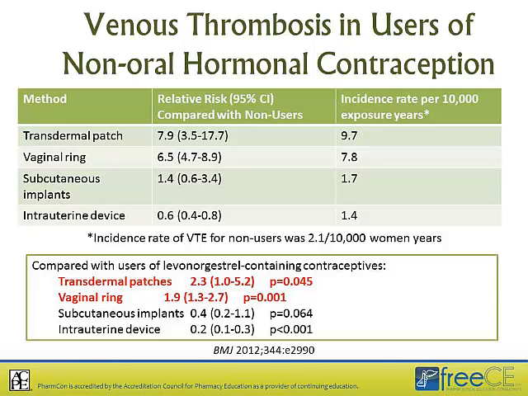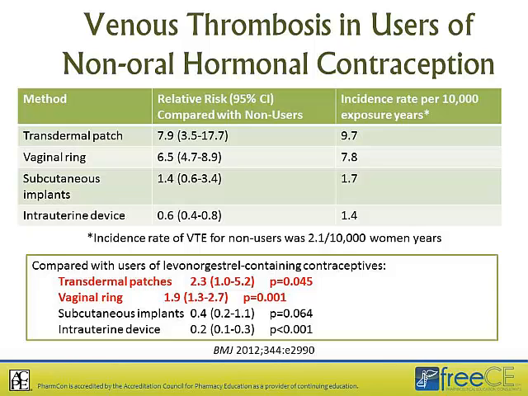And so what we're seeing there compared to non-users is what we would expect with any combined hormonal contraceptive. Now what this does show us is that with sub-Q implants such as Implanon or the intrauterine device such as Mirena, that relative risk compared with non-users is not statistically different. And additionally, our incidence rates are very, very low.